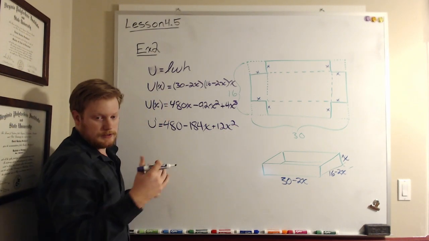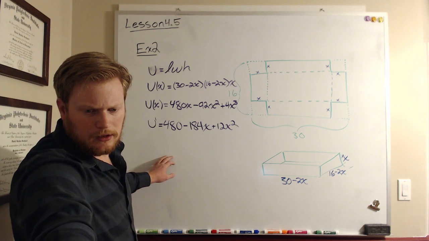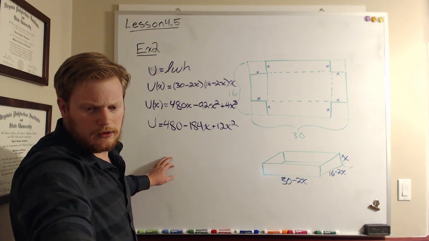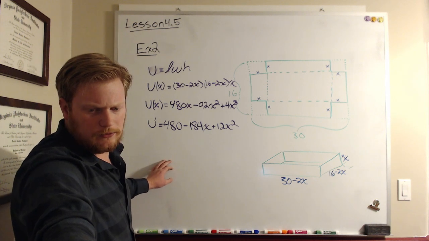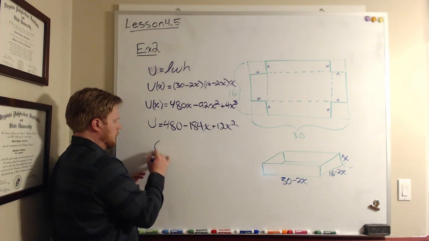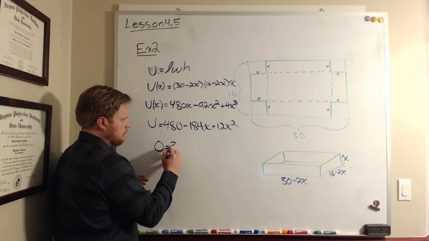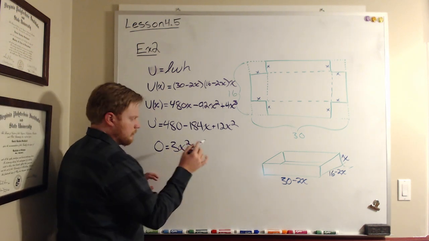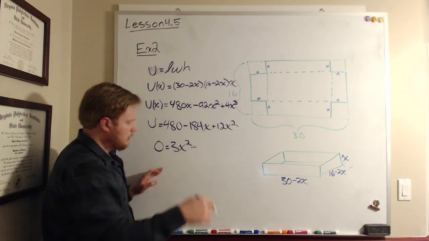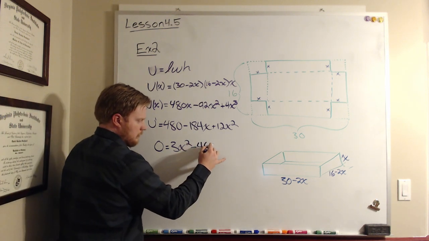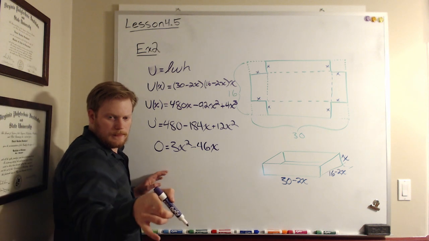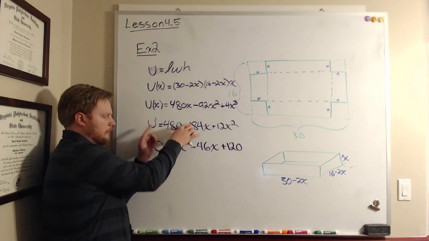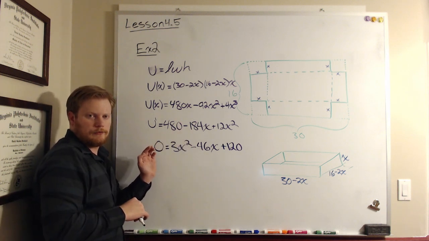Now this I can simplify a little by dividing out 4, and then when I set it equal to 0, I'll have a 3x squared, and I'm just switching the order around so that it's easier for me to see. That's a plus 120. So all I've done from here to here is divide out a factor of 4.